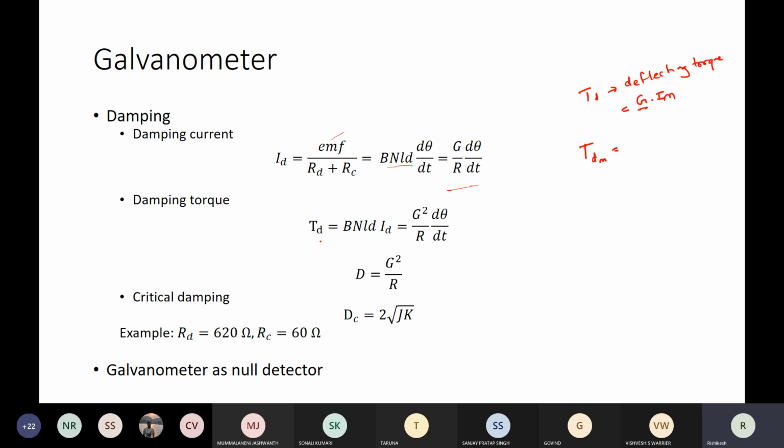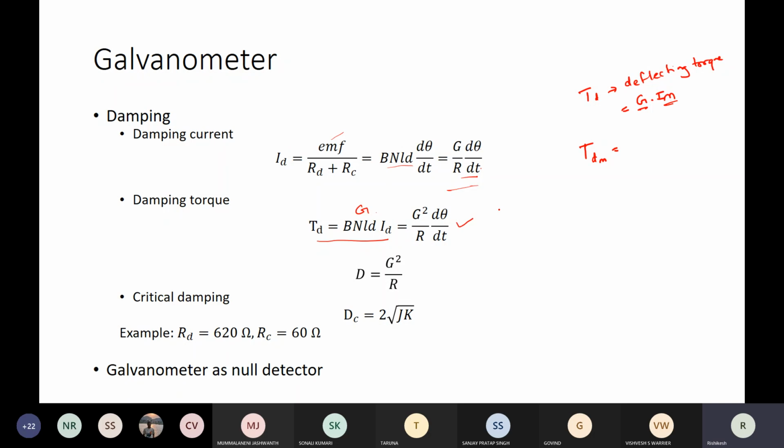Similarly, the damping torque is governed by G into I, but in this case, I will be the damping current, not the deflecting current or the current which we are trying to measure. So this is G into ID. So ID is this. So G into G by R into d theta by dt.